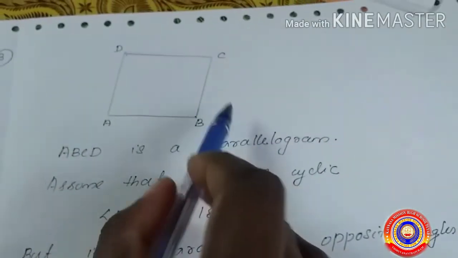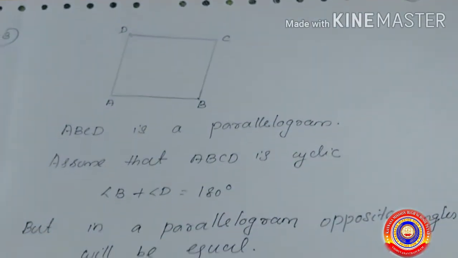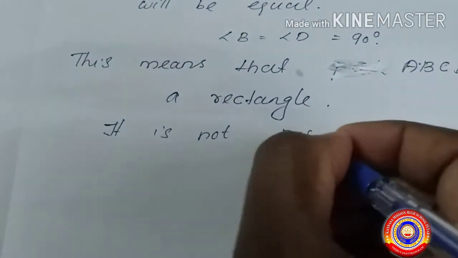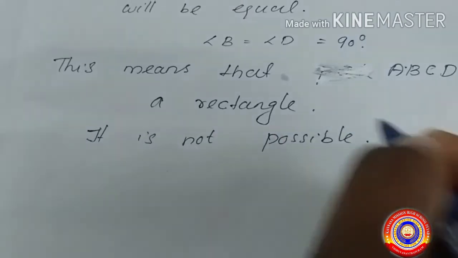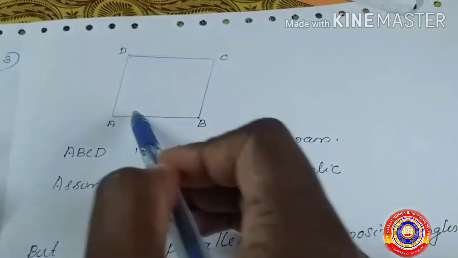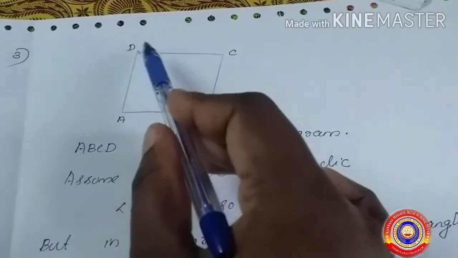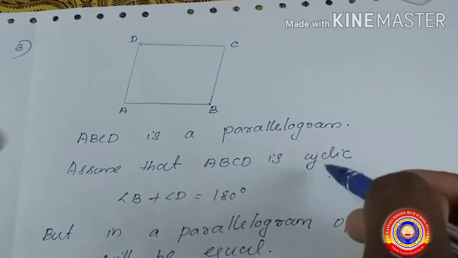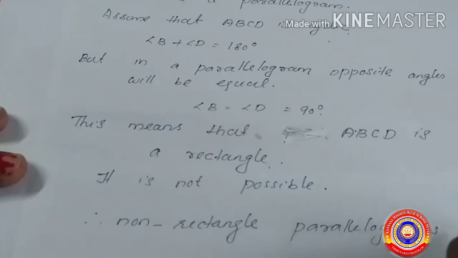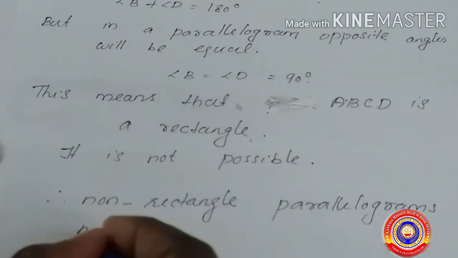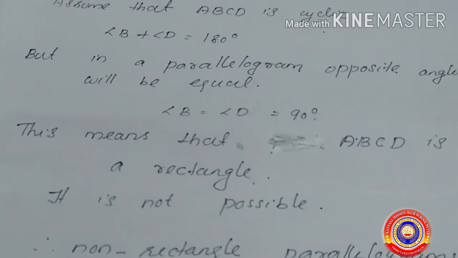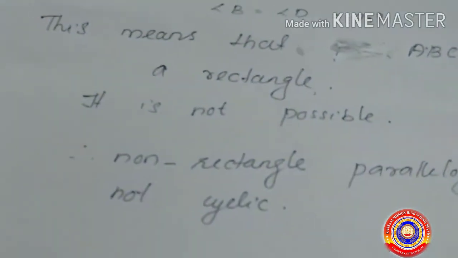So it is not possible. This happened because of a wrong assumption. So we can say that this parallelogram is not a rectangle and is not cyclic. Okay. So we can write: non-rectangular parallelograms are not cyclic.